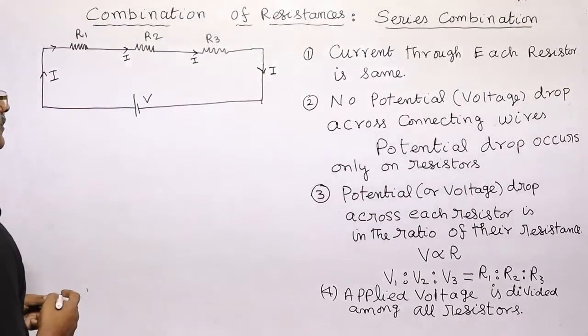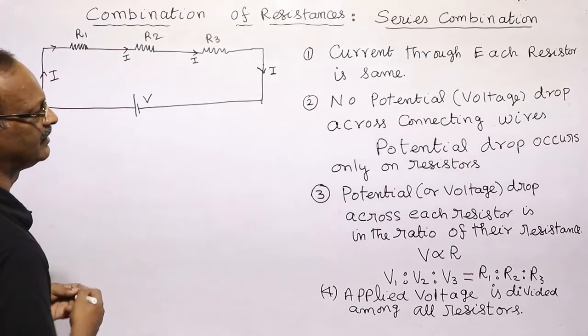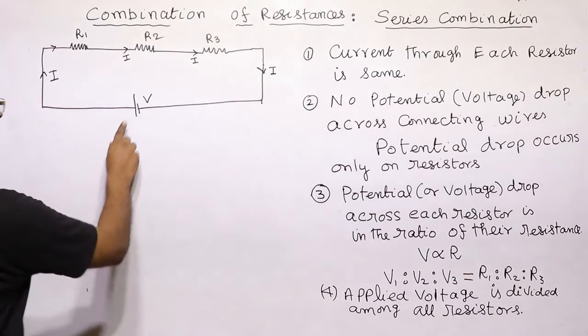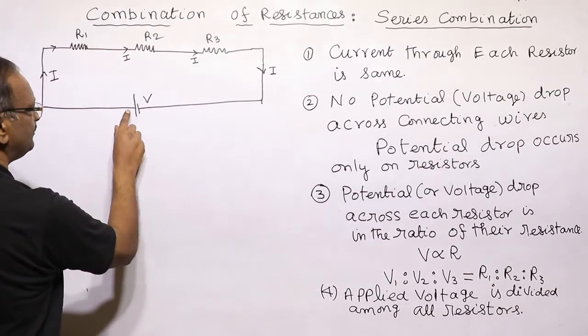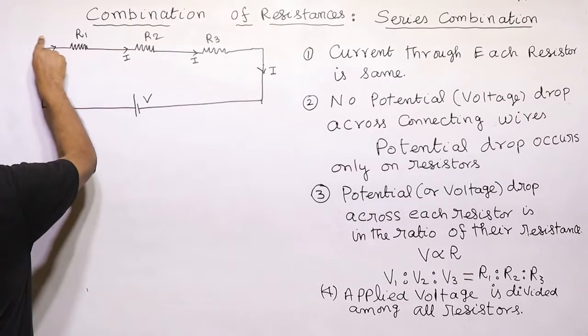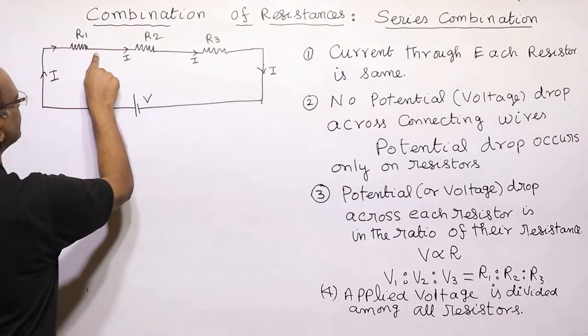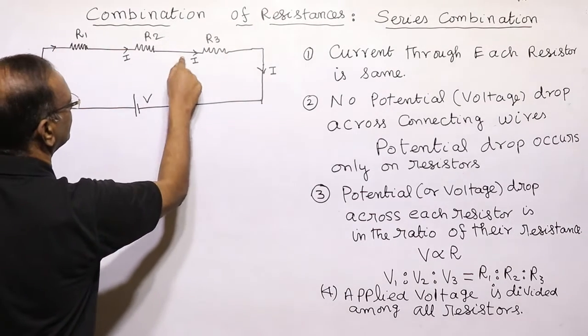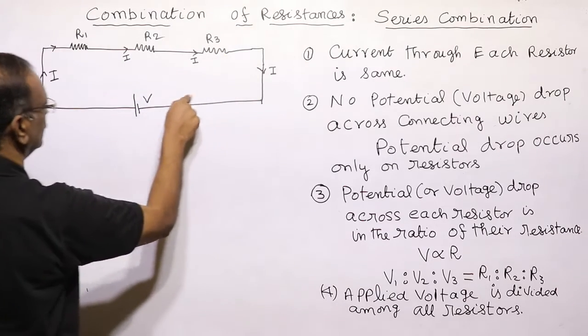There is no potential or voltage drop across the connecting wire. See, from here this is the battery, this is the connecting wire up to here, then resistance, connecting wire, resistance, connecting wire, resistance, then connecting wire.